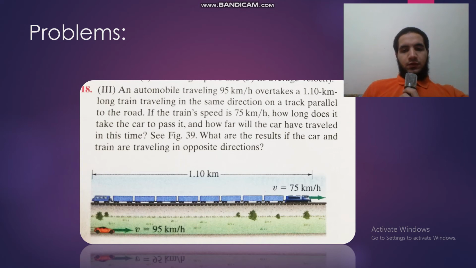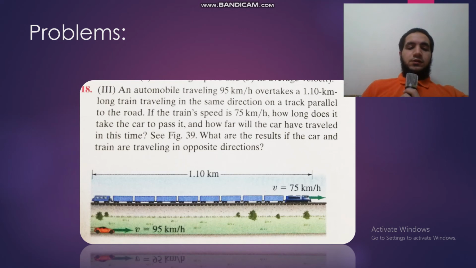First of all, they are moving with constant speed, and also they're moving in the same direction. So the train is moving with 75 and the car is moving with 95 in the same direction. So the relative velocity of the car is actually 95 minus 75 equals 20. And I think we solved this problem before.